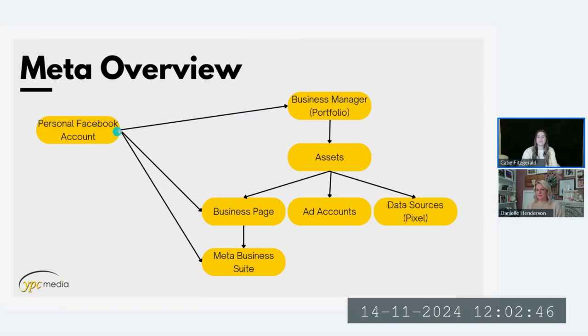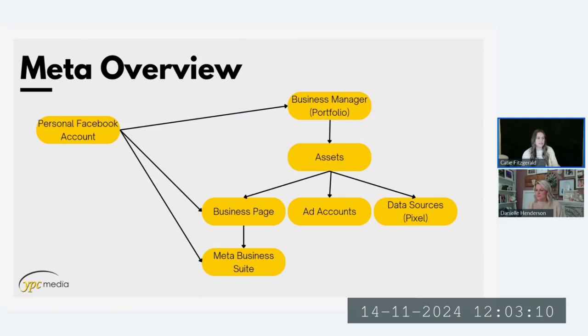How Facebook is now set up is that personal Facebook accounts would get access to a business manager or a business portfolio. The goal of that is really to manage all of the assets around that business. So now you can have a business page. You might even have multiple business pages based on how many locations you have. That's also where you have your ad accounts, data sources and pixels.